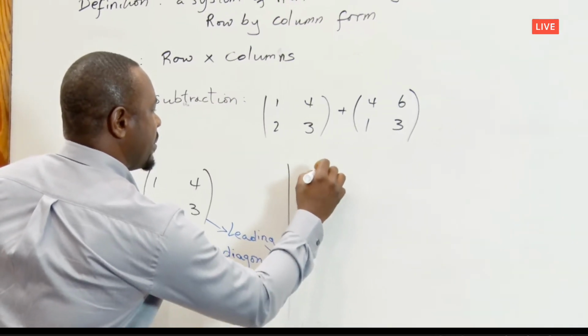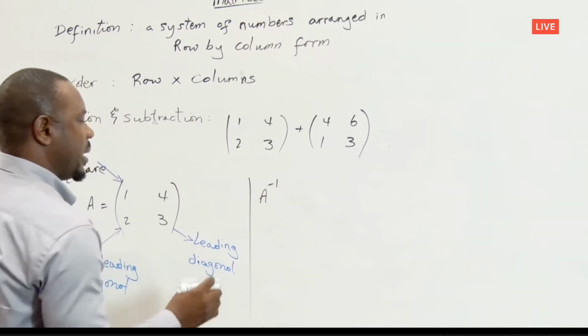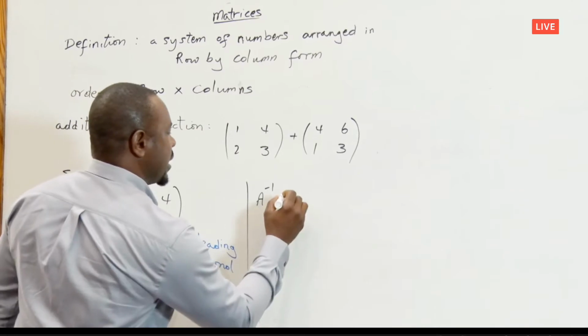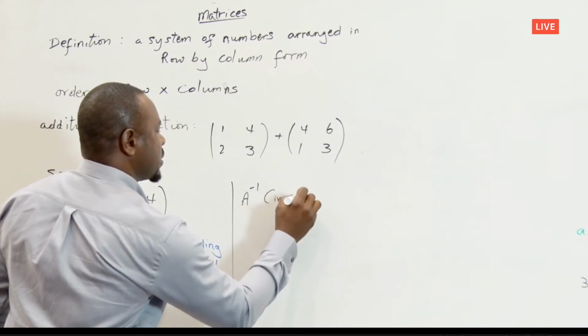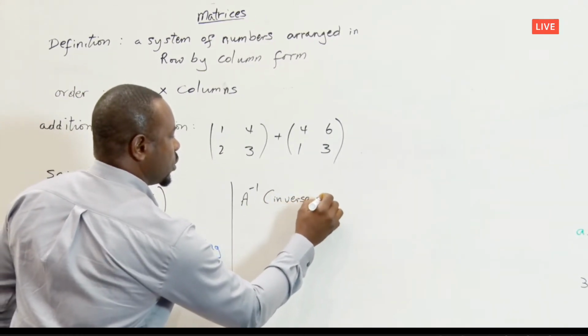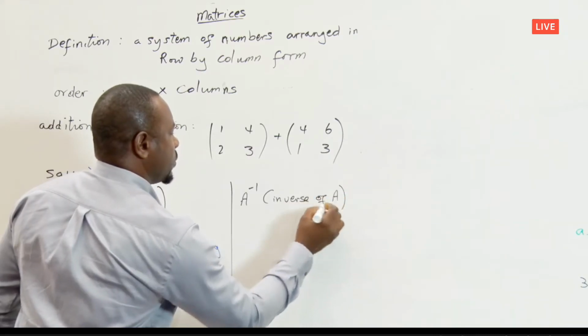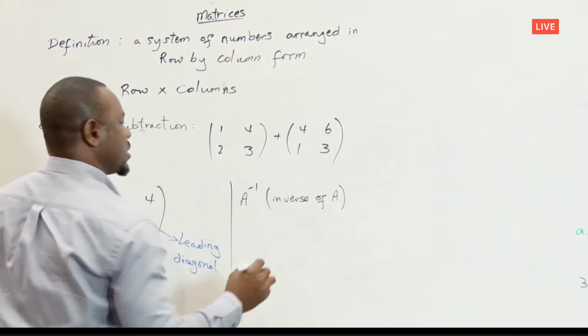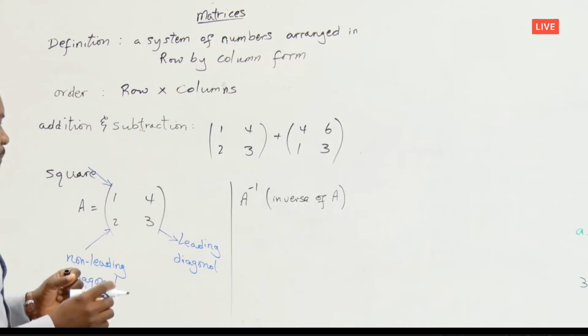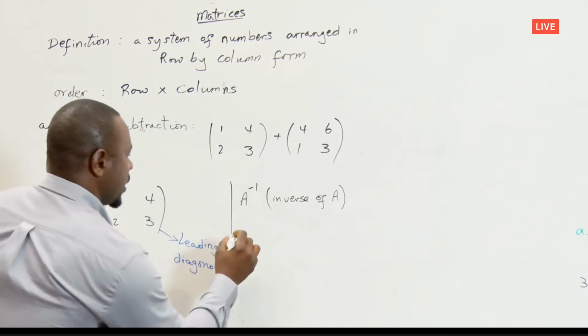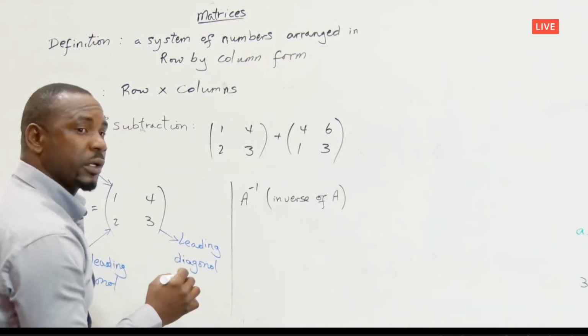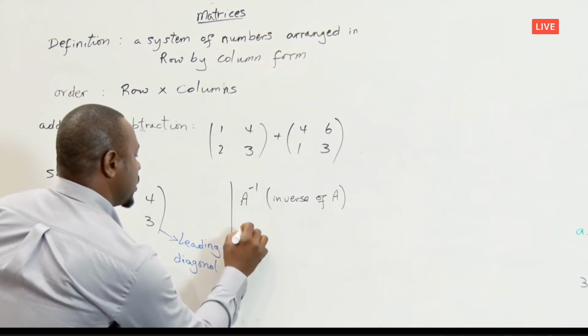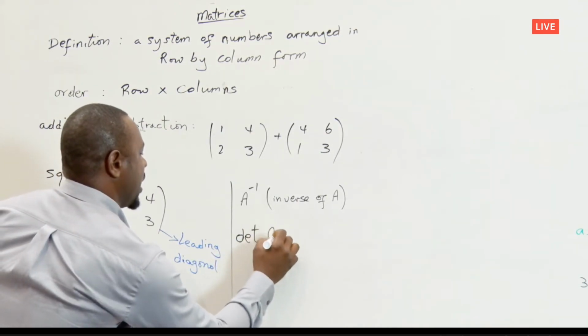Let's say this is our matrix A. I hope everybody is following, okay? When we want to get the inverse of A, that we'll write as A with the -1 power at the top, we call this the inverse of A.